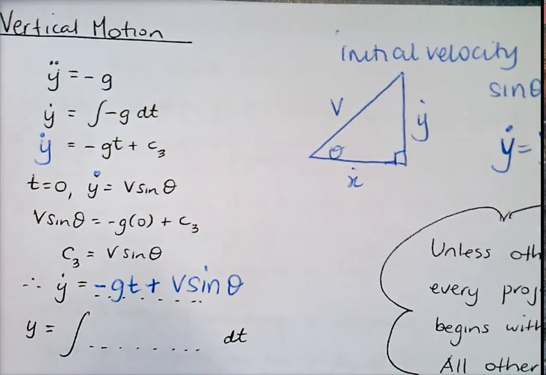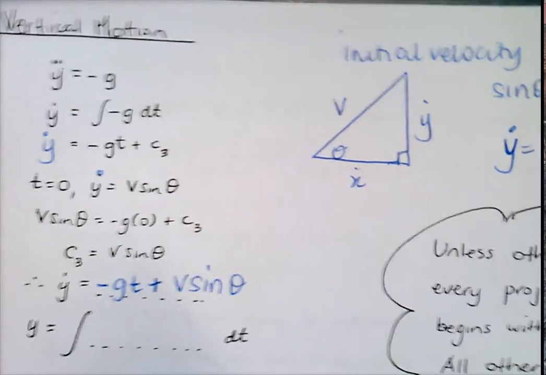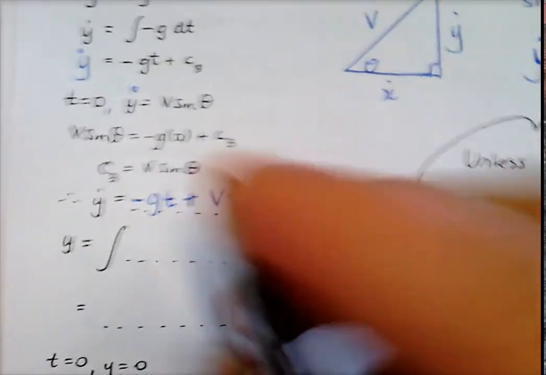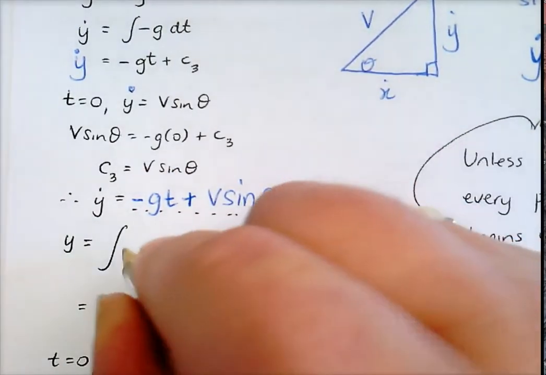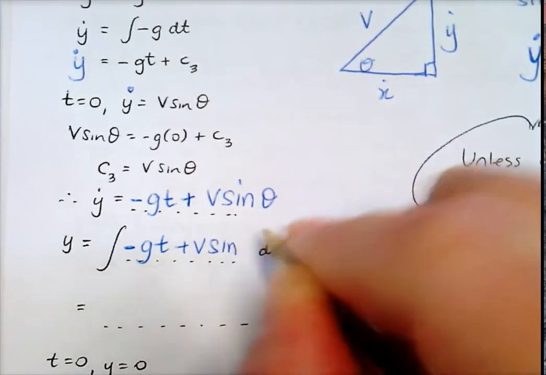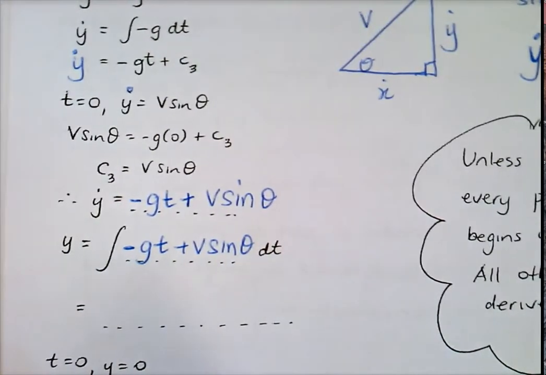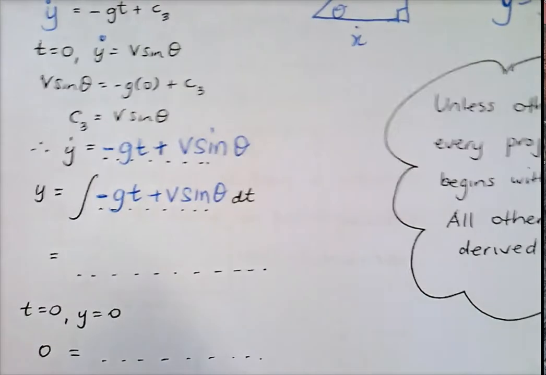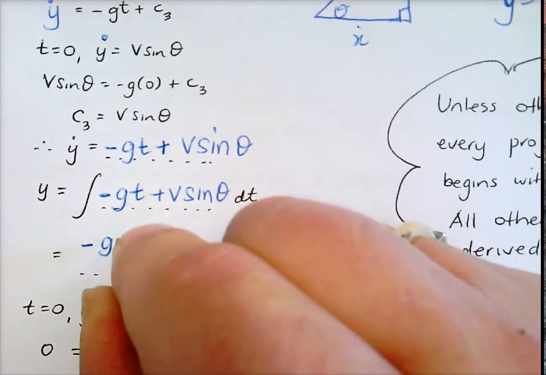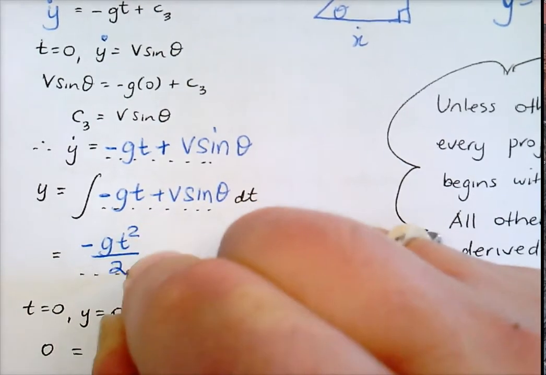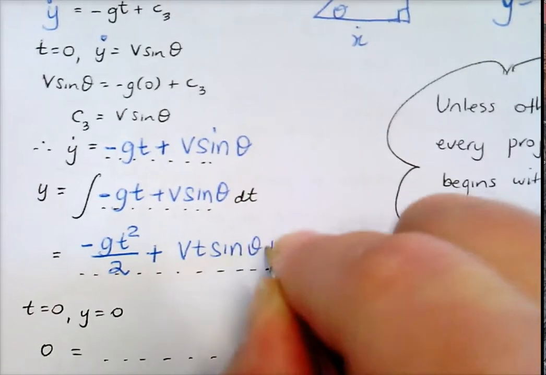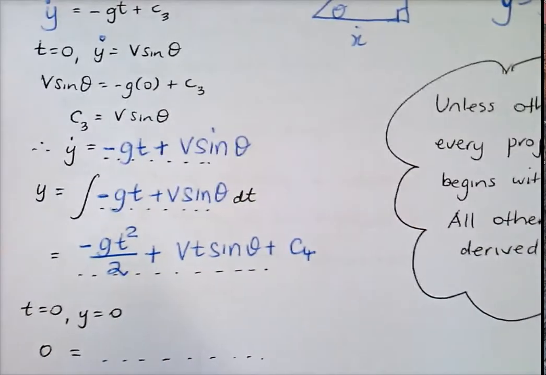That's the equation for velocity in the vertical direction. Now, y will be the integral of that: the integral of negative gt plus v sine theta dt. Integrating with respect to time, you get negative g t squared on 2 plus vt sine theta plus constant number 4.